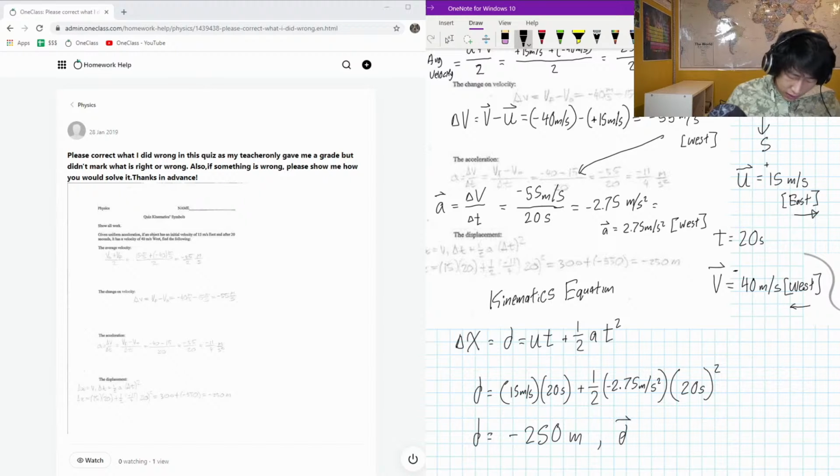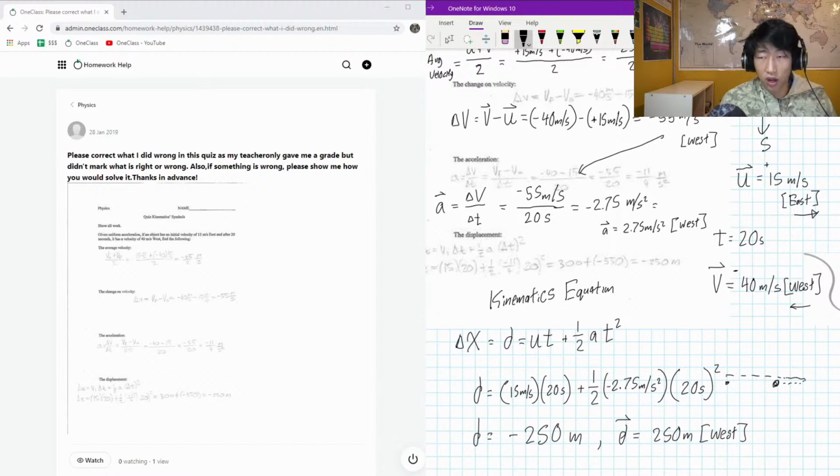Essentially what this means is our final displacement is 250 meters west of where we started from. So if we started here, we were going like this, and then eventually our acceleration took over, and this is our end point right here. Kind of like we made a little U-turn, and that is our position.